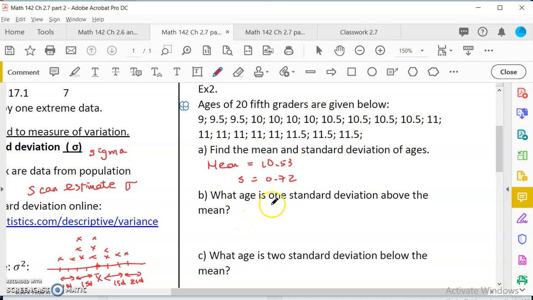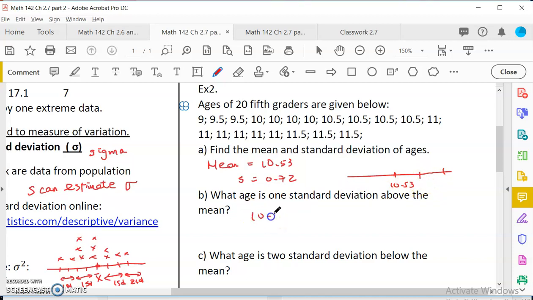Okay, what age is 1 standard deviation above the mean? So you can think of it as, I have 10.53 here. What is 1 tick mark and another tick mark? You do not use 11 or 10.5. You use the mean and the standard deviation as your tick mark. What is 1 above it?